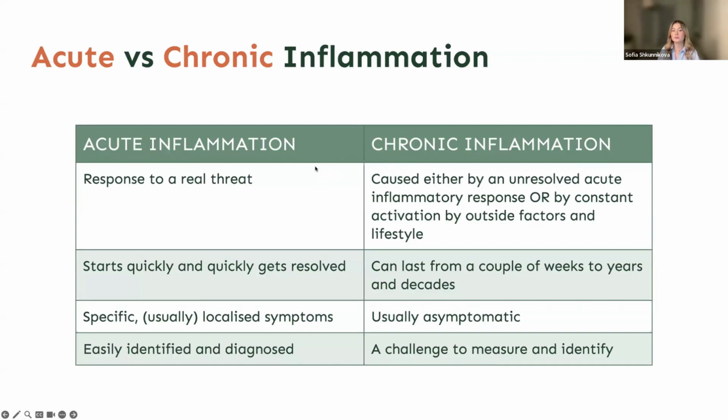It can also happen or accumulate by itself without necessarily having the acute inflammatory response first. Chronic inflammation can last from a couple of weeks or even up to years and decades if it's not addressed. It's usually asymptomatic, unfortunately, and it is definitely a challenge to measure and to identify.